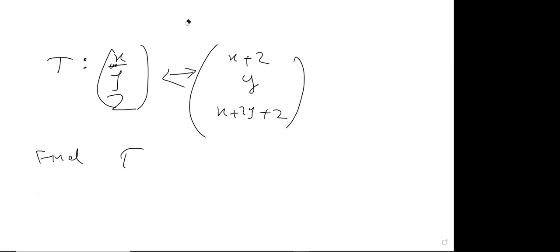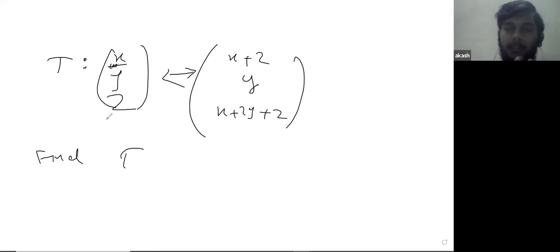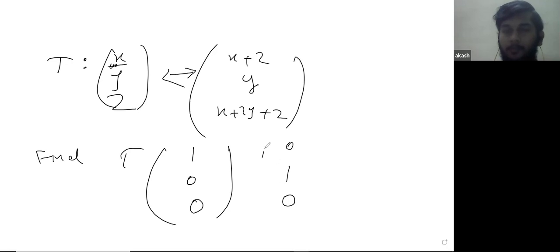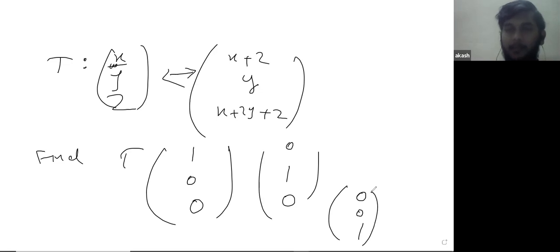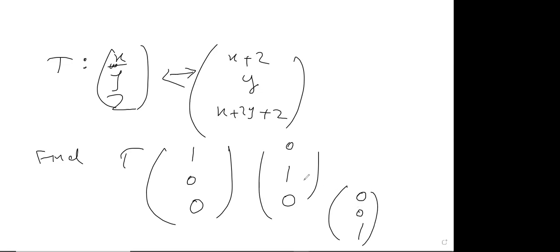So we have to find all the transformation in these three coordinates. You know that the I vector is represented by this, the J vector is represented by this, and K is like this, right?